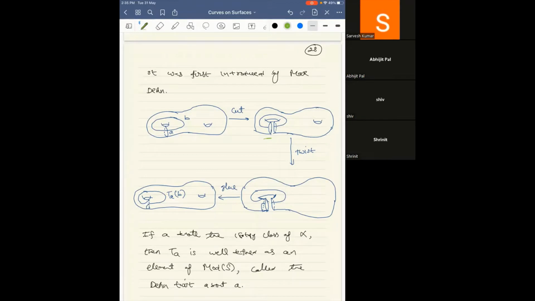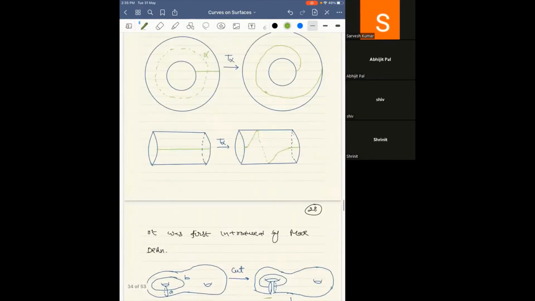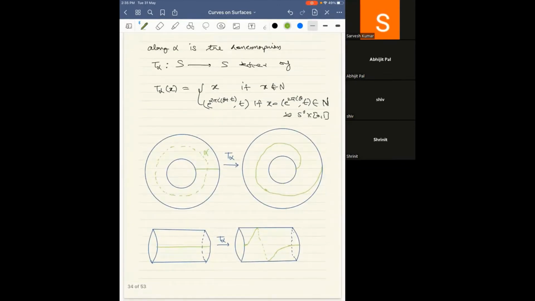Okay. So here I am writing A, and there is a reason that has to be explained. Instead of alpha, I am writing A because now I am looking at it as an element of the mapping class group. Because when we defined the Dehn twist homeomorphism, there are choices involved.